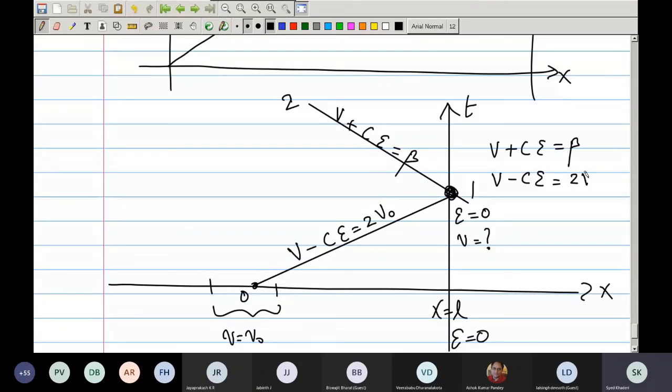So epsilon is going to be vanishing, by the boundary condition. Okay, so beta has to be V, which is equal to 2V naught. So this beta will become 2V naught. Okay, and the velocity at this point 1 is 2V naught.